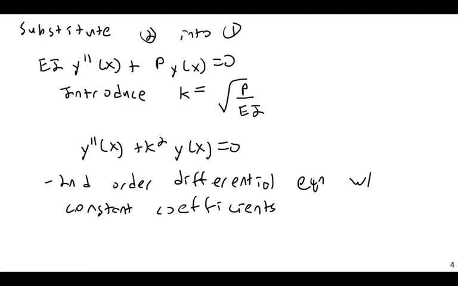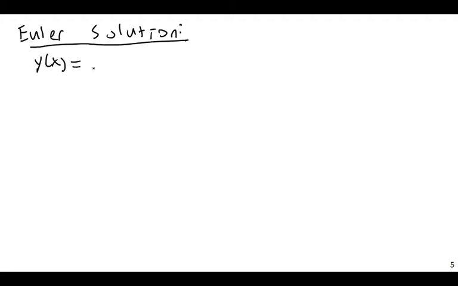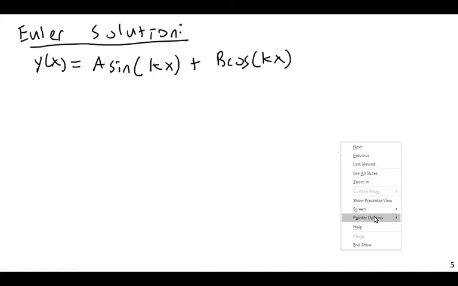So the general solution for this form of equation is y of x equal to a times the sine of kx plus b times the cosine of kx. And again, this is the general solution to this type of equation.